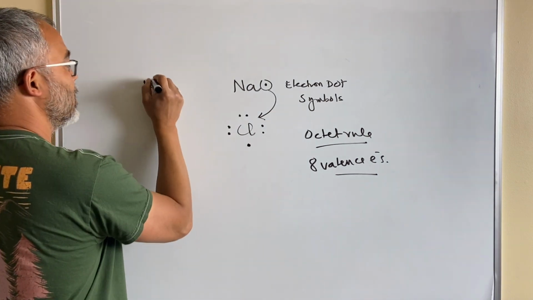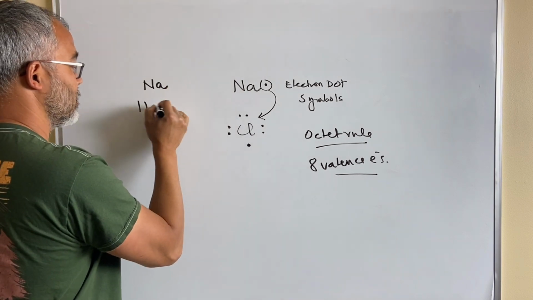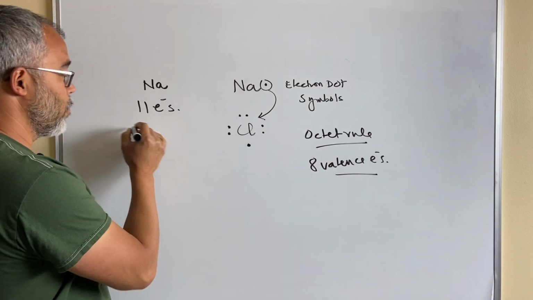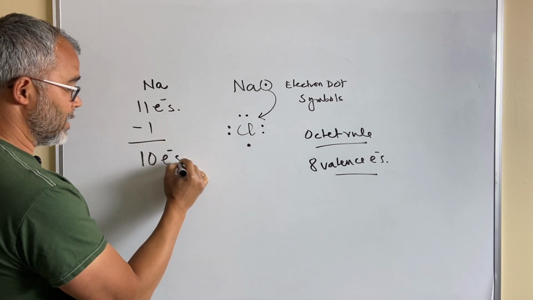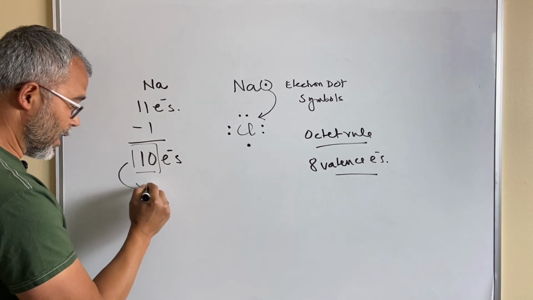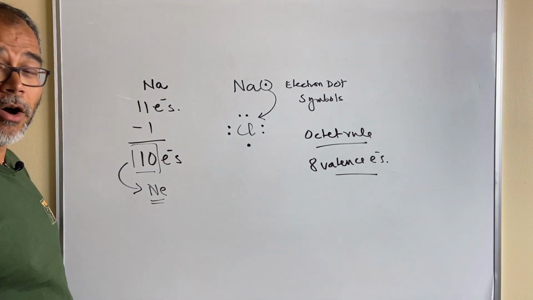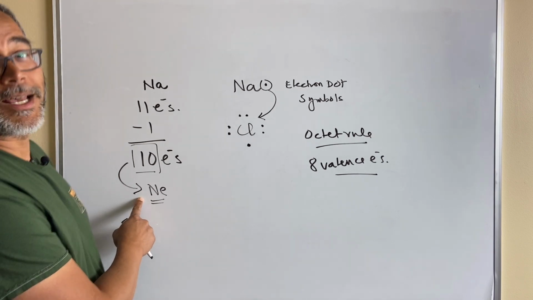You will see that sodium actually has 11 electrons. So when it gives away 1 electron, sodium is left with 10 electrons, and 10 electrons matches the electron configuration of neon, which is a noble gas, and neon has 8 electrons in its outermost shell.